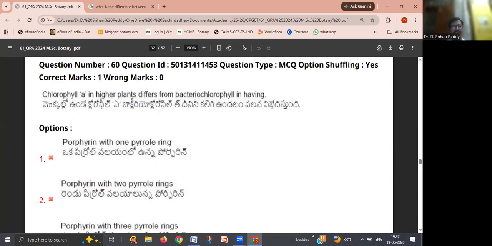Next, chlorophyll A in higher plants differs from bacteriochlorophyll in having. So we already discussed, there are different types of chlorophylls. Bacteriochlorophyll is different from the normal chlorophyll.